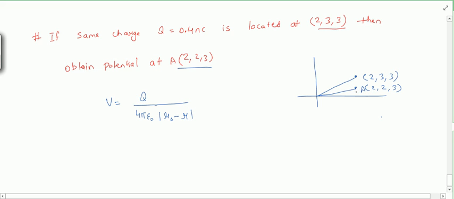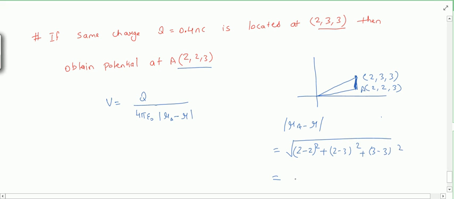At this point I am finding the potential. So I have to find the distance between these 2 points basically, that is Ra minus R magnitude. So by the distance formula it is 2 minus 2 whole square plus 2 minus 3 whole square plus 3 minus 3 whole square.